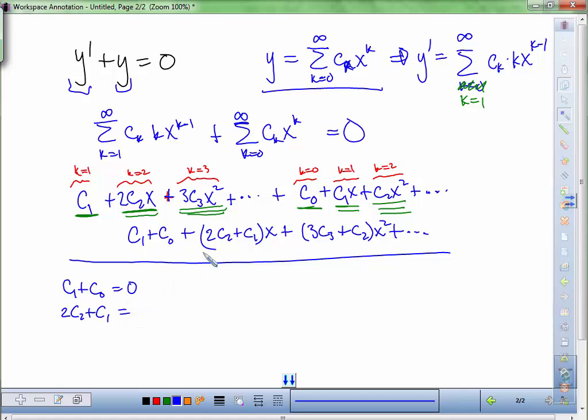Now, this is an infinite series, so if we were to write this out and think linear algebra, that is n equations and n unknowns business. This is an infinite number of equations and an infinite number of unknowns. So that's not going to be helpful. The linear algebra techniques won't be helpful for us in solving for this. And so the key is that you have to be good at looking for patterns.